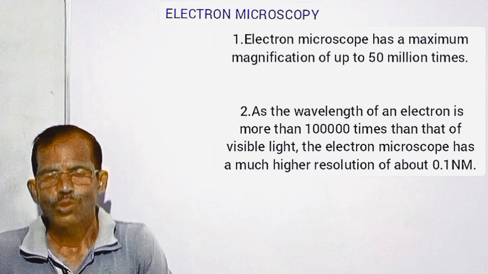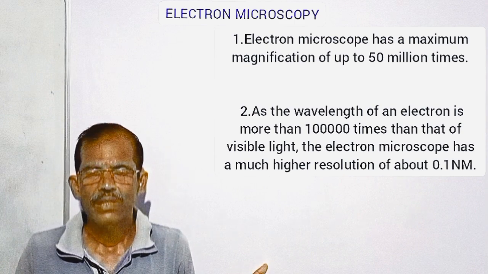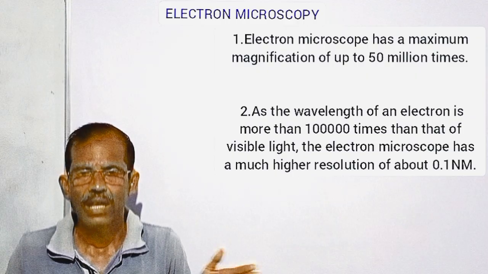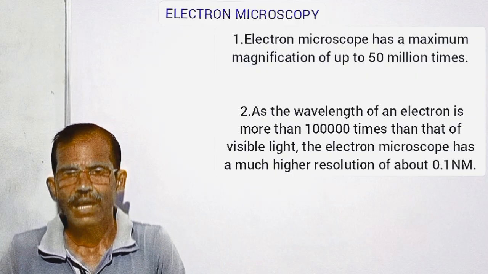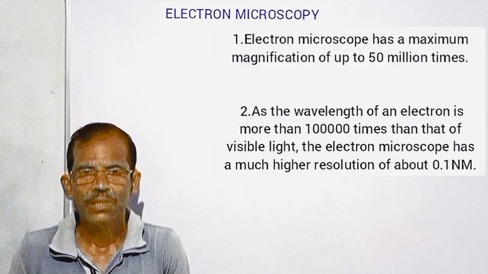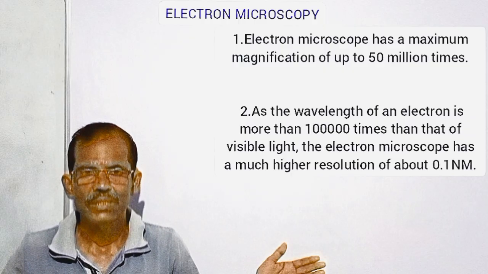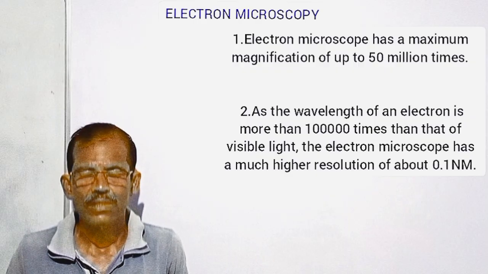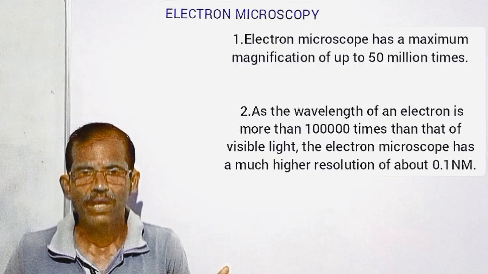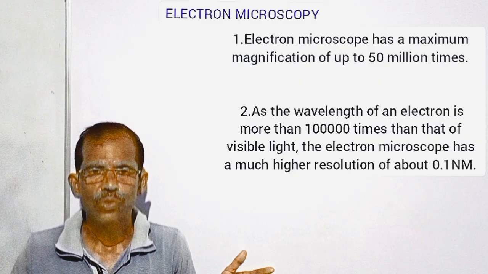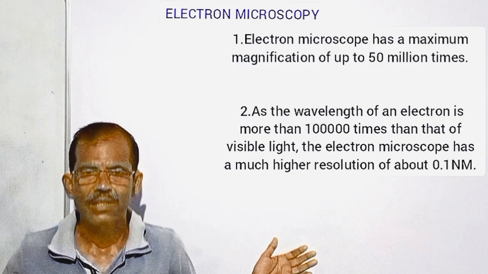Electron microscopes are widely employed to characterize nanoparticles and nanomaterials at the atomic or molecular level. In addition, it is also used to examine metals, alloys and crystals to identify their defects. Number three, quality control and forensic science.